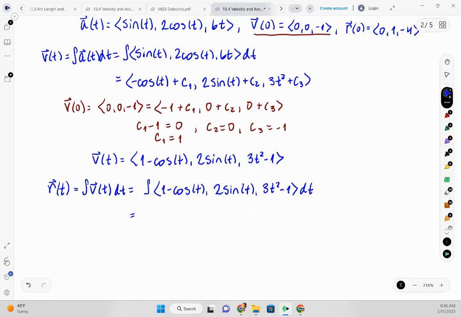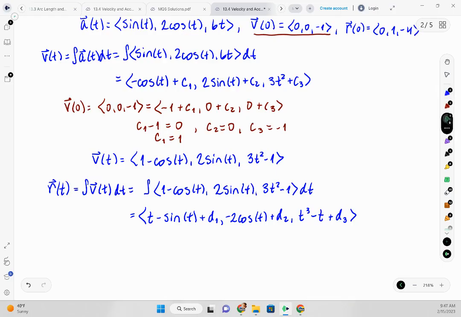Finding antiderivatives, in the first component, I get t minus sine of t, and I need another constant of integration, so I'm going to switch to plus d1. In the second component, the antiderivative of 2 sine of t will be negative 2 cosine of t plus d2. In the third component, I get t cubed minus t plus d3.